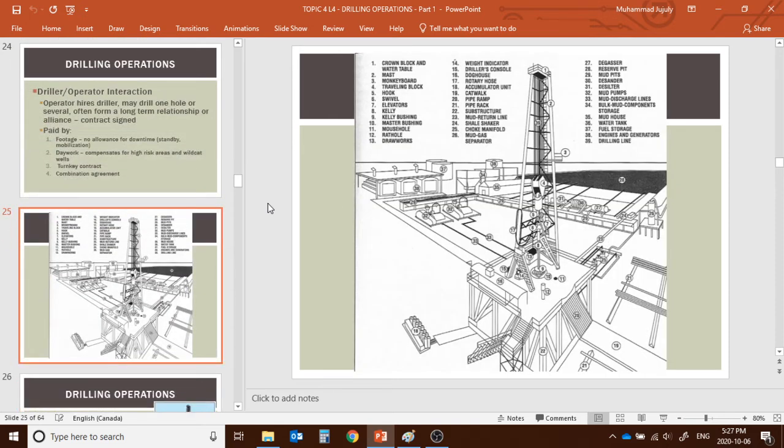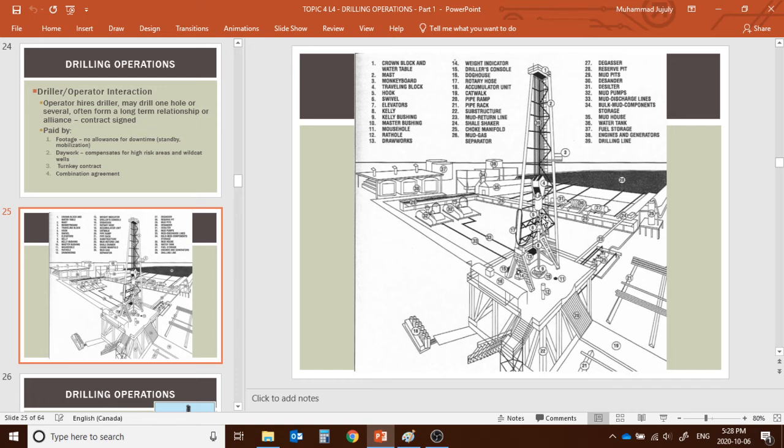This is a common picture of a drill site and all the equipment that we use. We'll discuss all this equipment, so please go through it. When you finish the lecture, please come back again, and then you will have a better idea of what the equipment is. For instance, number one, the crown and block.